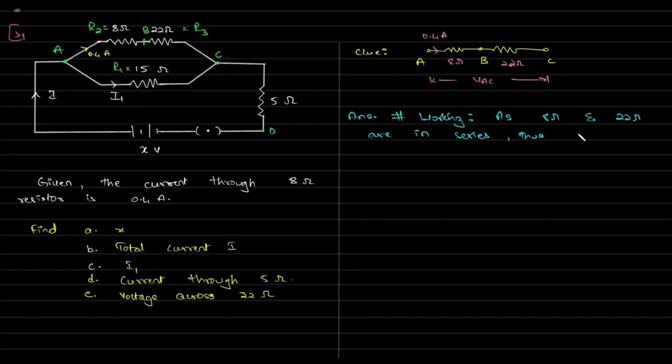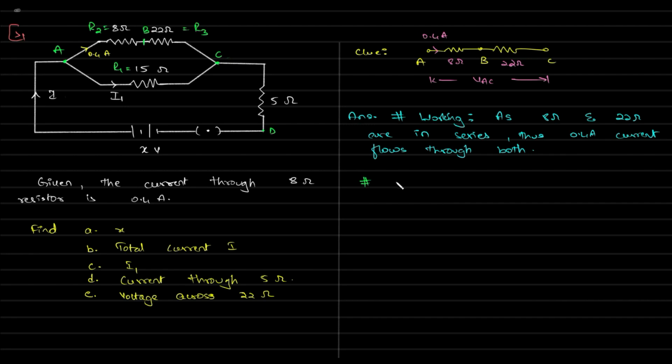Thus, 0.4 ampere current flows through both. Yeah, so that you guys recall the concept. You need not write this, by the way. I just wrote it for the sake of understanding.